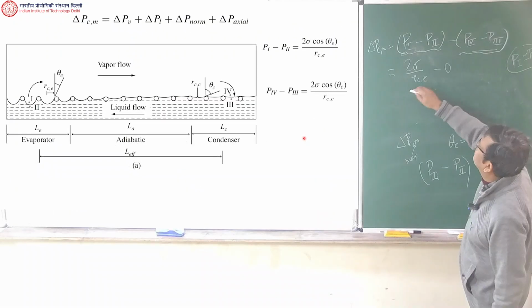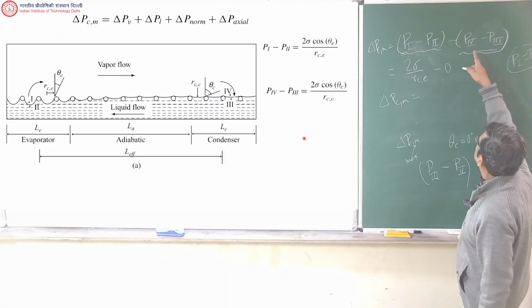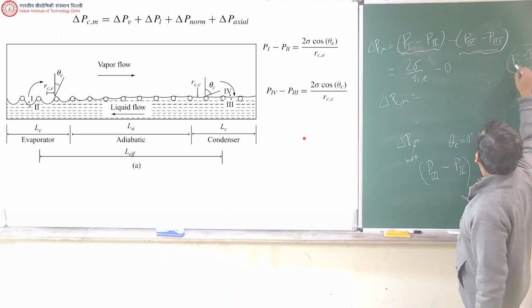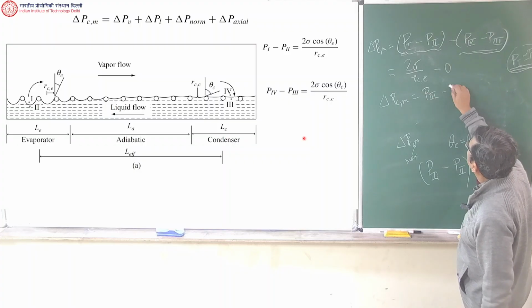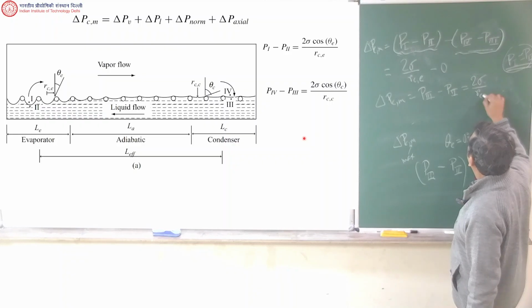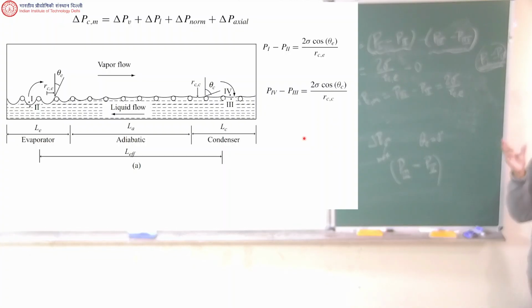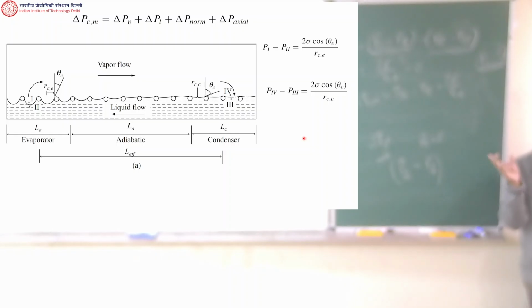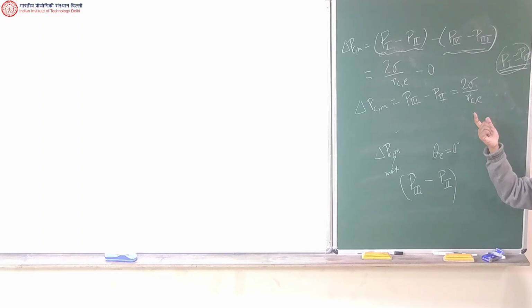So this is delta PCM, which is by virtue of this P3 minus P2, which is 2 sigma by RCE. Yes, so this is the maximum that you can generate. It's not that you will get exactly this, but this is the maximum that you can generate.